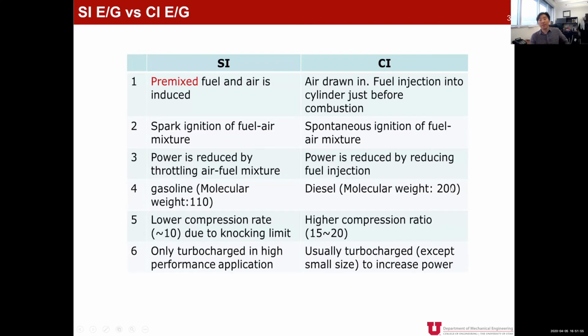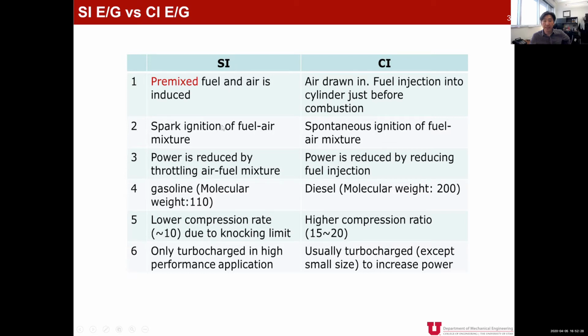This table compares the SI engine and CI engine in more detail. As I explained briefly in the last slide, the SI engine has a pre-mixed fuel and air mixture coming into the cylinder. But the CI engine, or diesel engine, has only pure air drawn into the cylinder, and at the end of compression, fuel is injected into the cylinder just before combustion. Why is that?